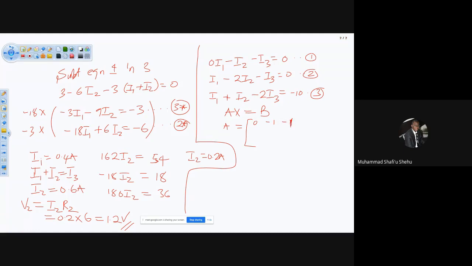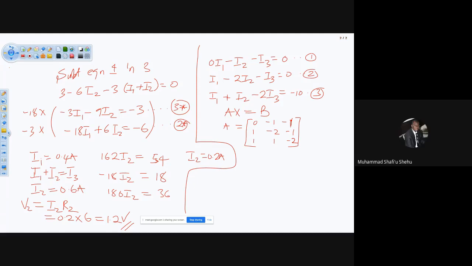The coefficient of I in equation 2 is going to be 1, minus 1, and minus 1. And then in equation 3 is going to be 1, 1, minus 2. Are we correct?